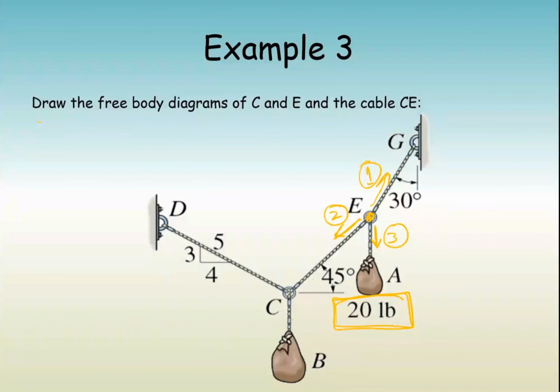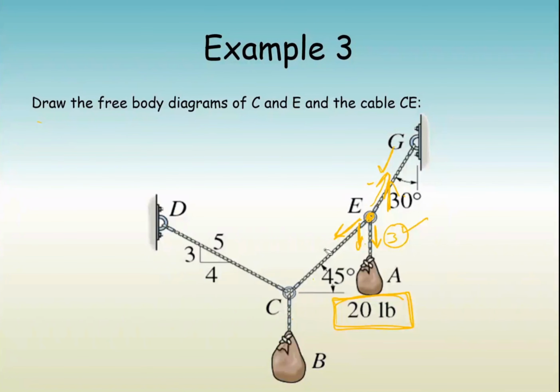If I do the sum of all the forces along the x-axis, I will have a component here and a component here because of this one. And if I do the sum of all the forces along the y-axis, I would have a component here, and this is already given. So in simple words, this is what we will cover in the coming slide.